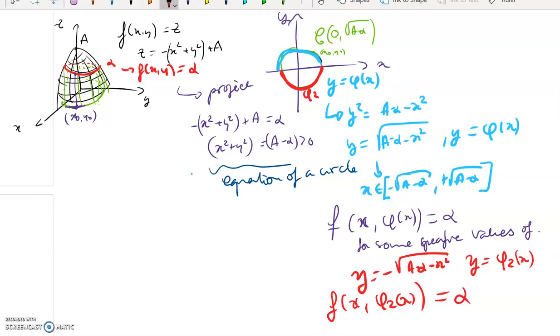And finally, even if we can't have an explicit description as we did here with those phi and phi 2 functions, where we had an explicit formula for these functions, even in some more complex examples, we can have an idea of what it looks like by giving at least the slope of its tangent, for instance, or maybe we could even go a step further in its Taylor expansion.